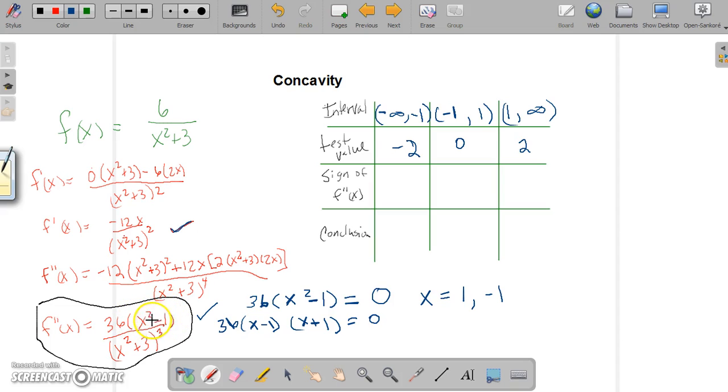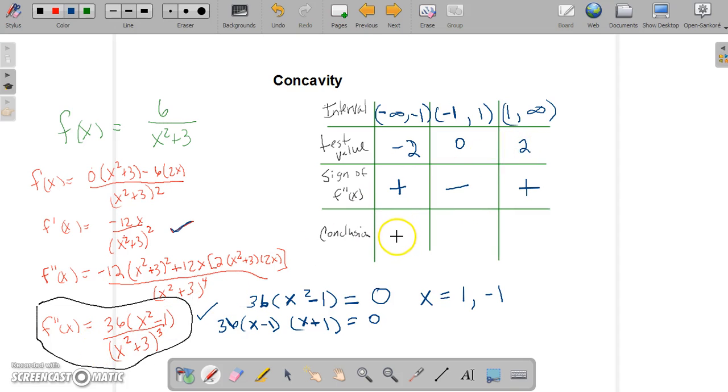Subtract 1, that's still positive. So when I multiply by 36, that's positive. When I plug in 0, squaring 0 minus 1, I have a negative 1 times 36, so that sign is going to be negative. And then when I plug in 2, my second derivative is also going to be positive. I'm plugging these numbers into my second derivative.